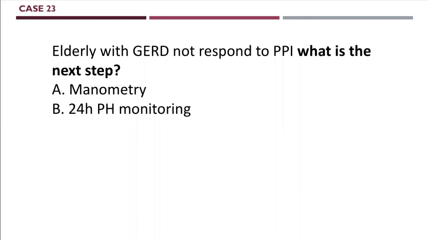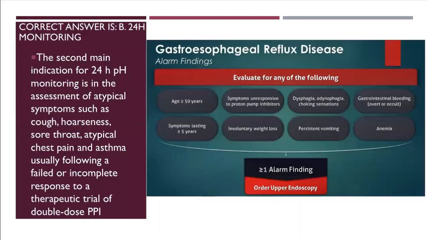So elderly with GERD, not responding to PPI. What's your next step? Manometry, 24-hour pH monitoring. pH monitoring. For 24-hour pH monitoring in gastroesophageal reflux disease, you want to evaluate if they have alarm symptoms, but this patient was not responding.